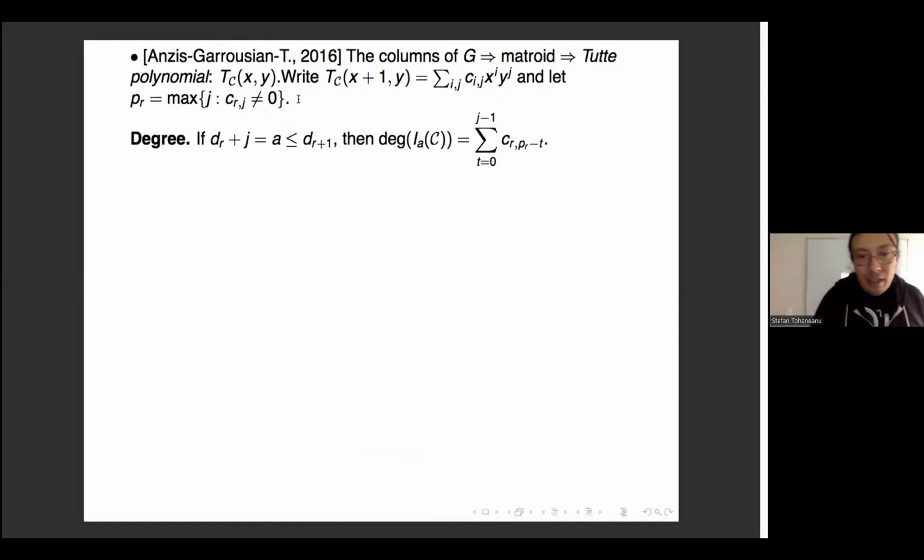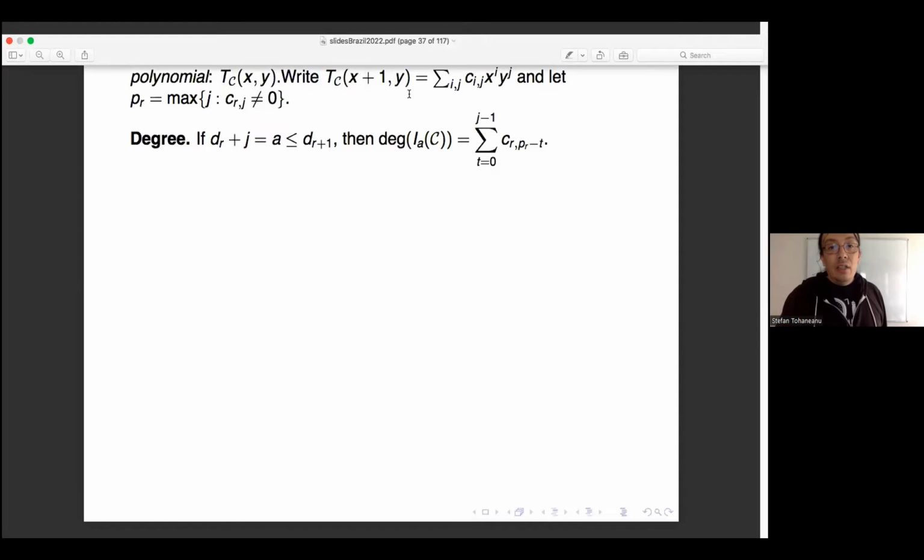So the degree: if we have a variety, you slice the variety with enough hyperplanes until you get to a zero-dimensional object, which will mean a number of points. And that number of points that we get is exactly the degree. So let me go to the board.